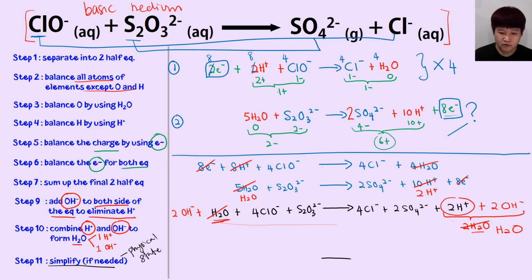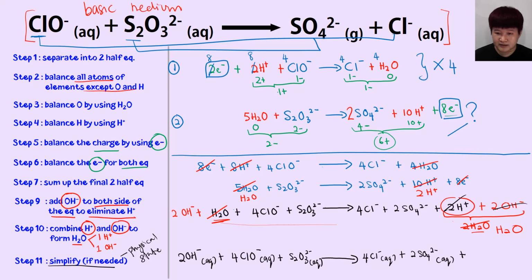So, that is my arrow. Everything on the reactant remain on the reactant. I will have 2 OH minus aqueous plus 4 ClO minus aqueous plus S2O3 2 minus aqueous and forming 4 Cl minus aqueous plus 2 SO4 2 minus aqueous plus, we are done with this because we have combined them and we left 1 H2O liquid.